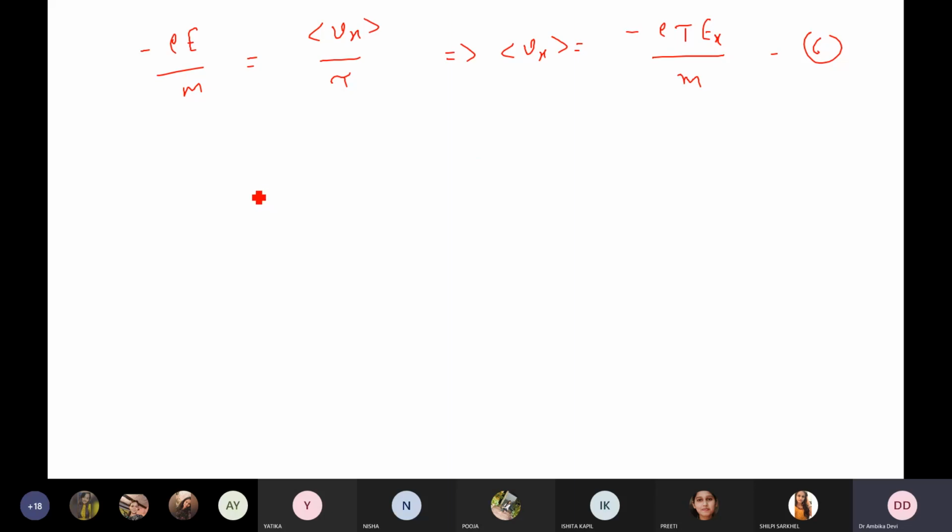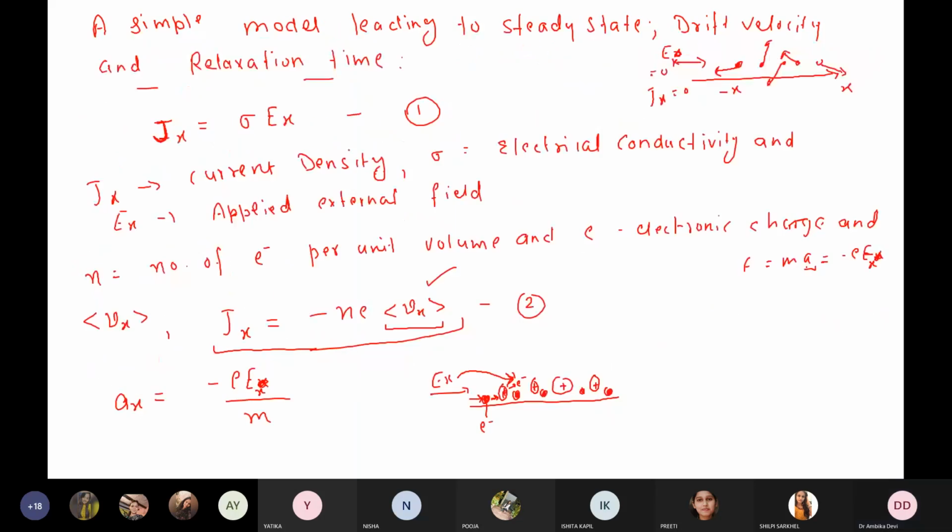Now from equations 1, 2 and 6. From equation 1 and 2, if the left hand sides are equal, the right hand sides will also be equal. So it means that sigma Ex is equal to minus n e Vx, and the value of Vx we will substitute from equation number 6.